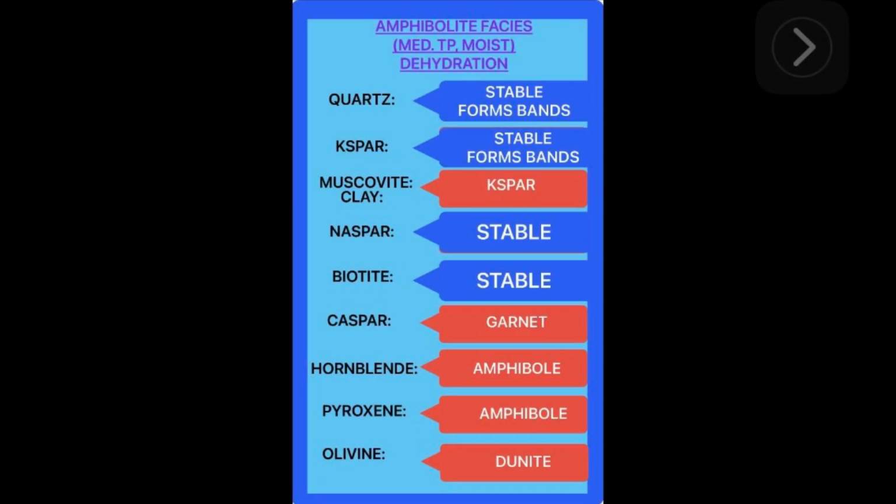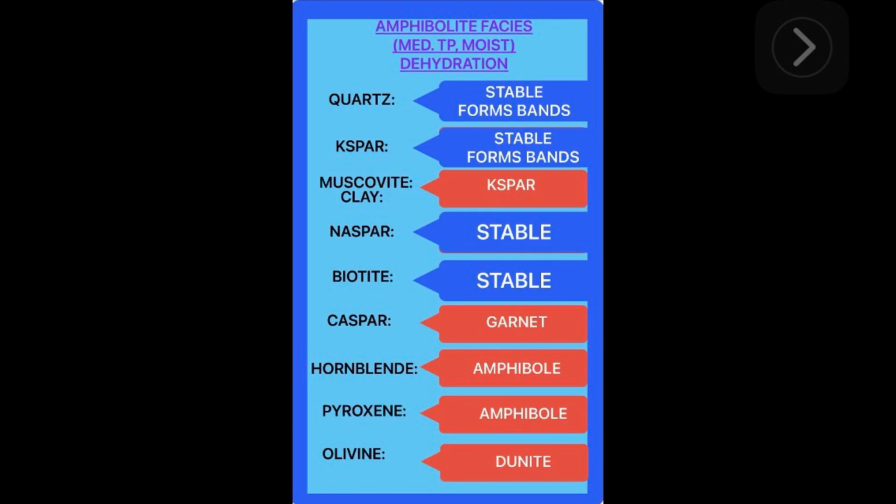In Amphibolite facies metamorphism, dehydration begins and interesting minerals result. Quartz is still stable, but it has recrystallization. The crystals get bigger and it participates in metamorphic banding. Potassium feldspar that did not like Greenschist facies loves Amphibolite facies.